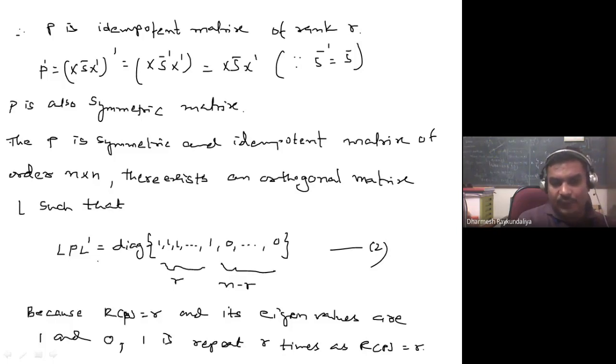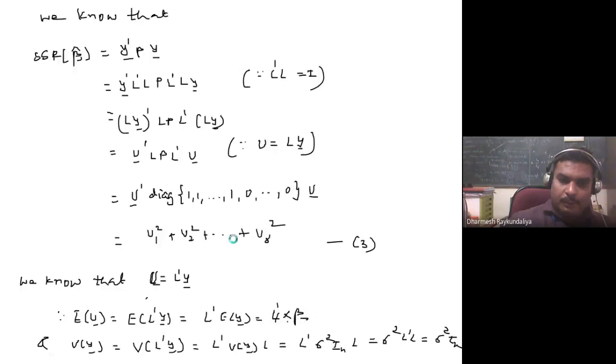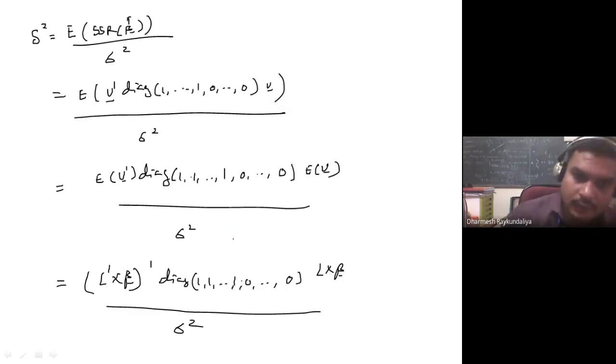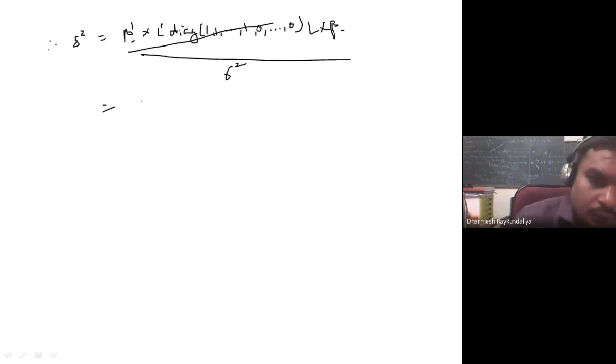You will get here P, and here it is L transpose diagonal of this L. So that can be written as P. So this is beta dash x P x transpose beta divided by sigma square.